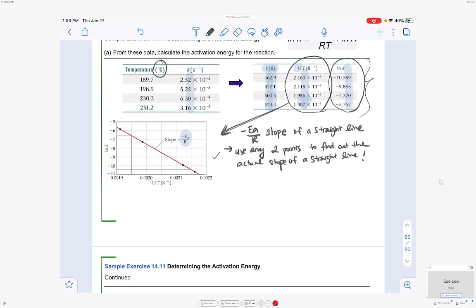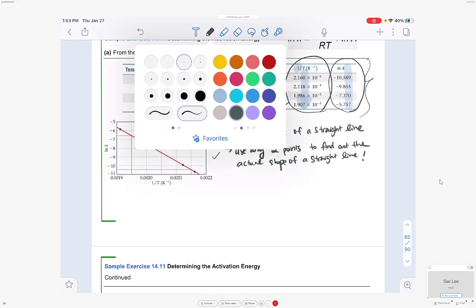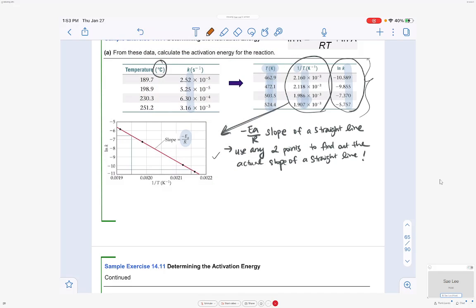Let's say we pick a random point, negative 6.6, that will have an x value of about 0.00195.